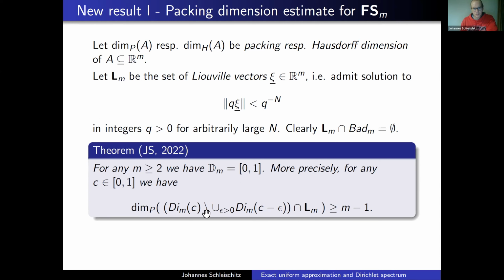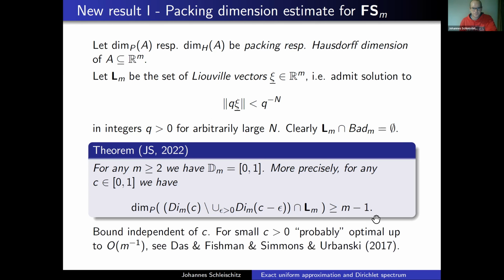Basically, there are numbers that have exact Dirichlet exponent c and are also Liouville vectors. And this set still has a rather large packing dimension. It's m-1, which is a pretty good bound, I think. In particular, the bound is independent of c.